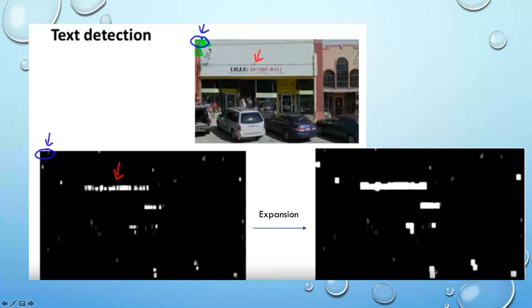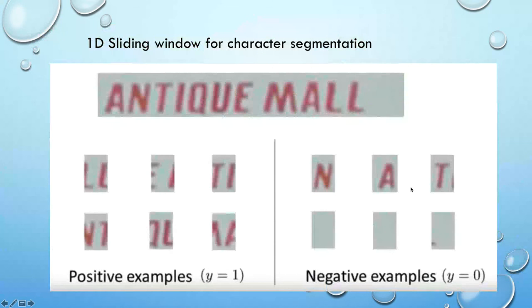We're looking for rectangles with a wider width than height. So if the height is larger than the width, these are not what we're looking for. We're only looking for this. So that is the text detection.